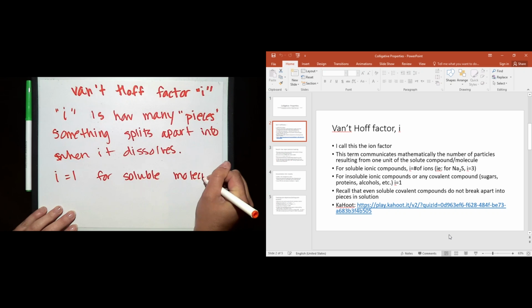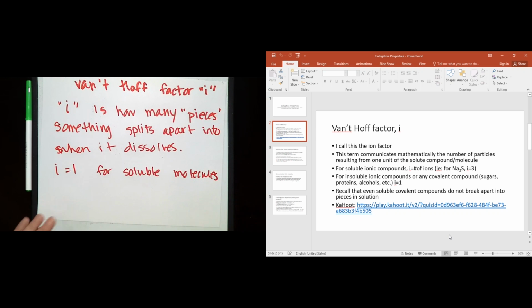molecules. Molecules can be polar or nonpolar. If they dissolve in a solvent, that means like dissolves like. A soluble molecule would be a polar molecule in a polar solvent or a nonpolar molecule in a nonpolar solvent. So i is 1 because it doesn't break apart.